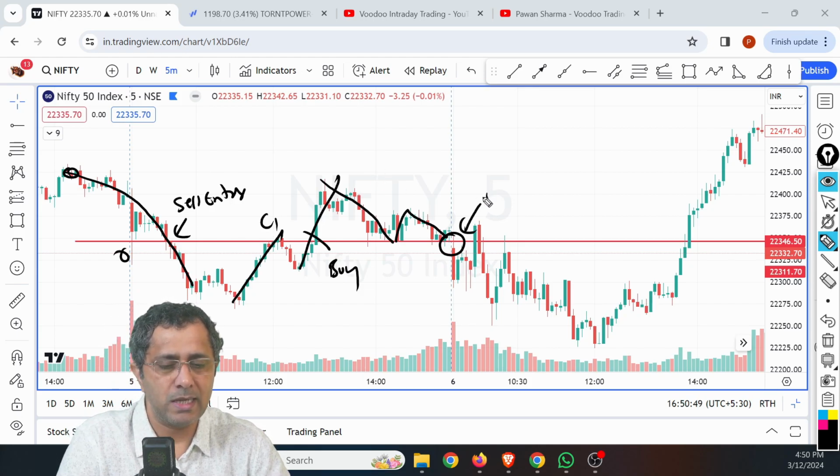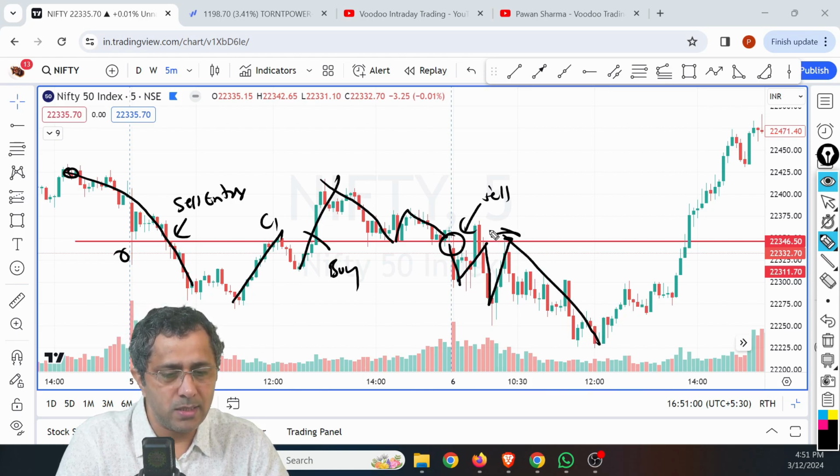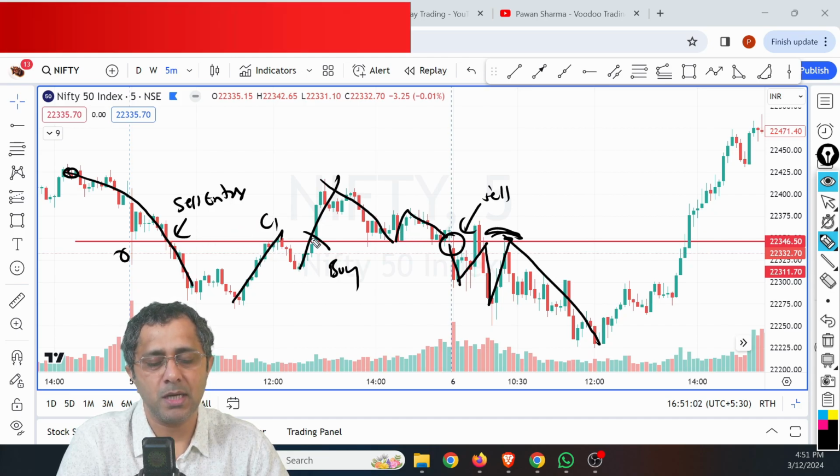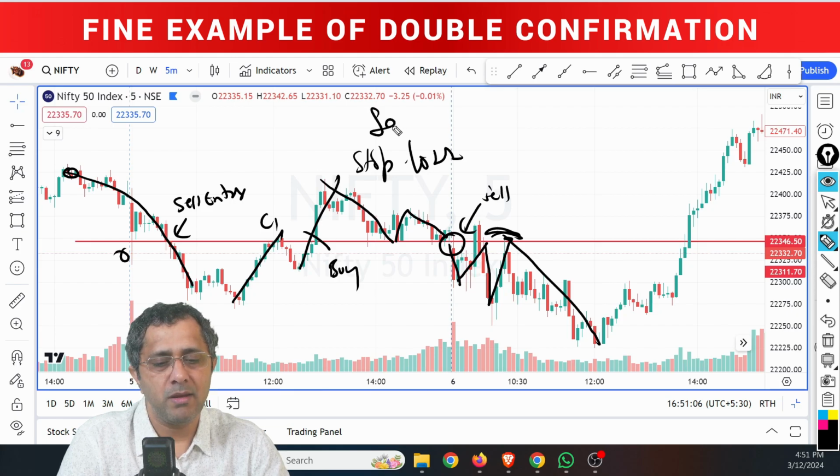So again, sell entry, right? It went back, so this is the sell entry. Again your confirmation, again second confirmation here, and look at here. This is a classic example of how to save your stop loss hit.